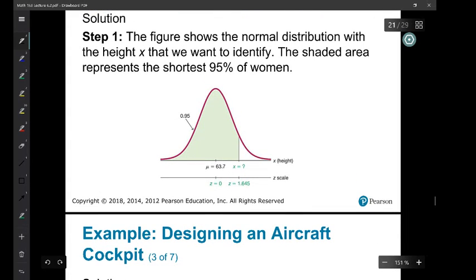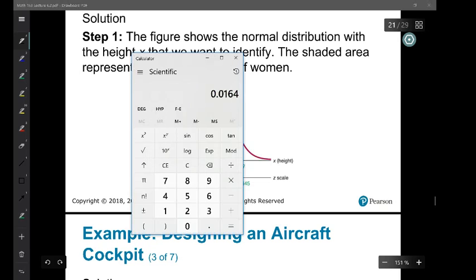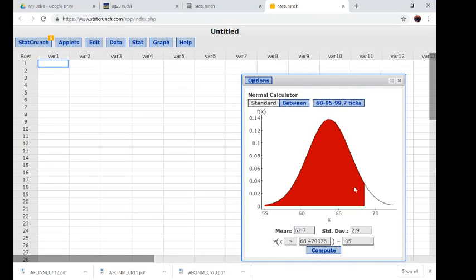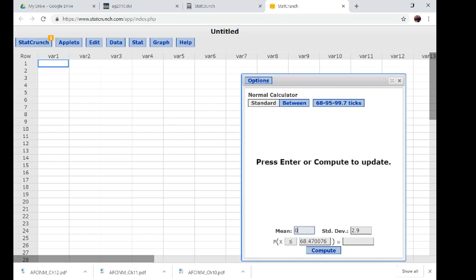In the old days, you would go to your table, which would be standard normal.